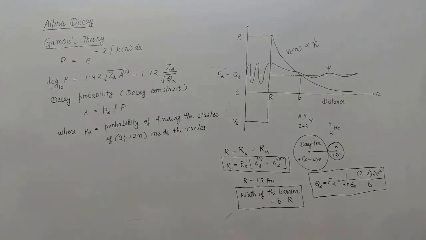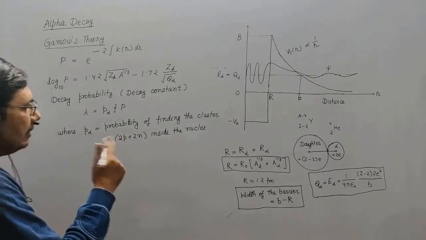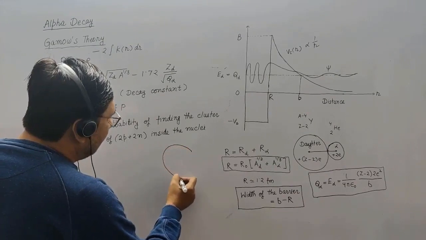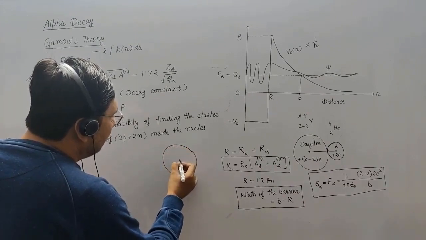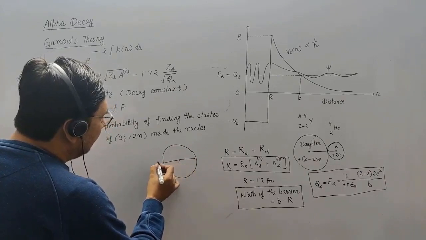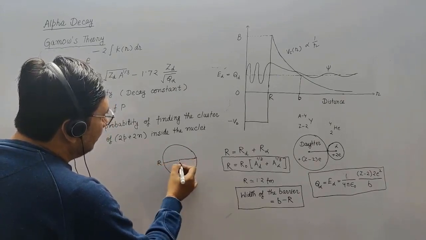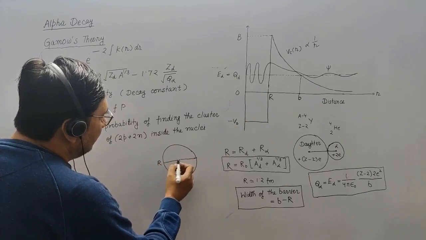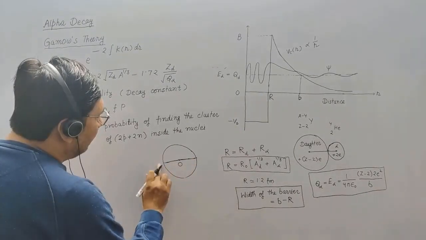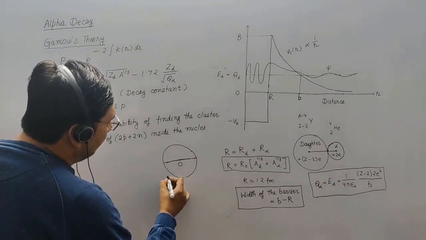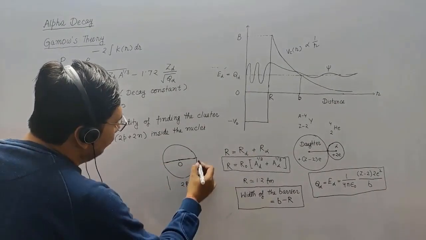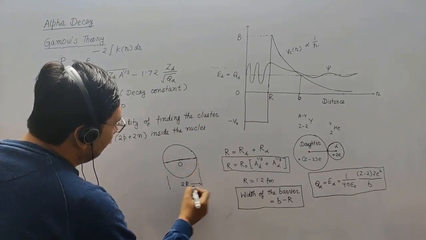After this, what will happen? When this alpha particle is formed inside the nuclei, suppose this is the nuclei here, this is R, this is also R, this is O, and these are the extremes. Basically, this is the diameter of the nuclei, and the diameter will be equal to 2R. So what is going to happen inside the nuclei?